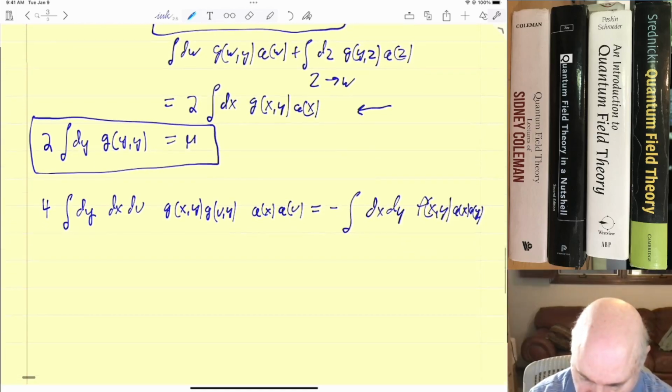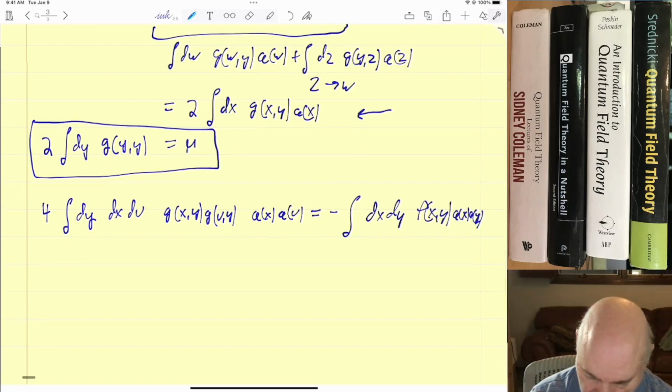Okay, so the best thing here is just to change variables. Change u to y, just rename the variables, and y to u.